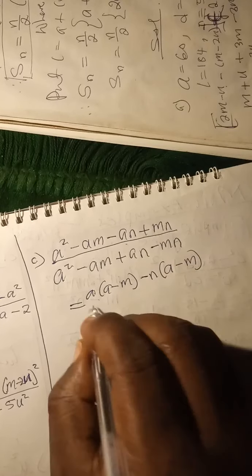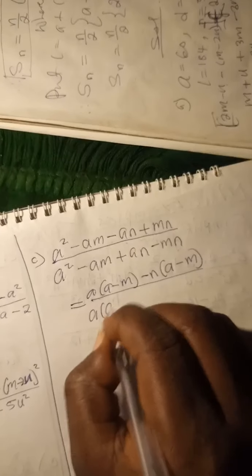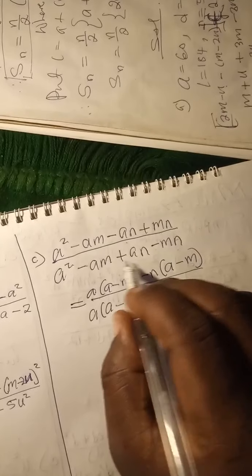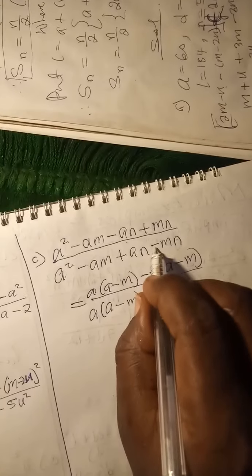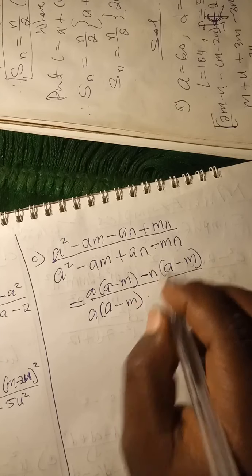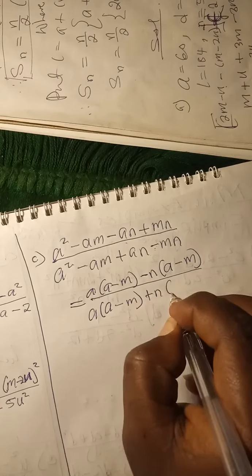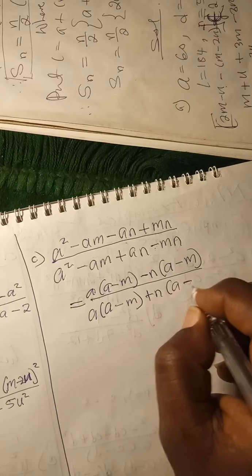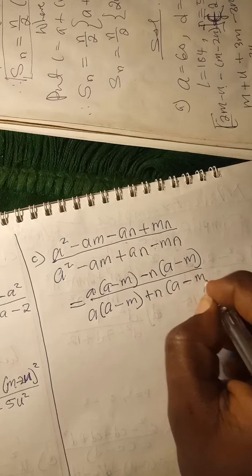Divide by. So here I can factor out a minus m. Then here, notice this is positive, so nothing is going to change here. So I'm going to have n factored out, a plus a minus m.